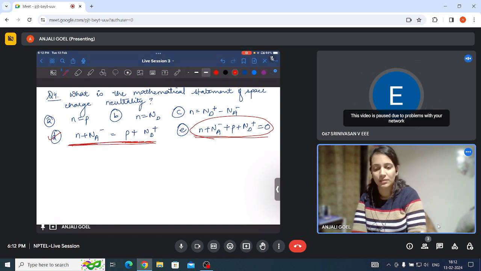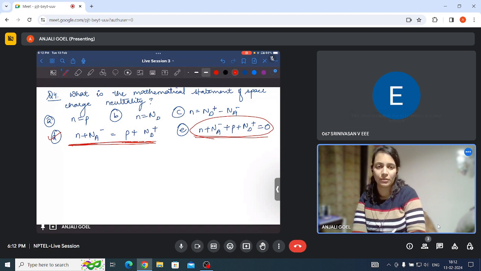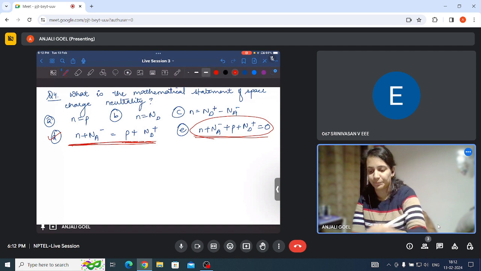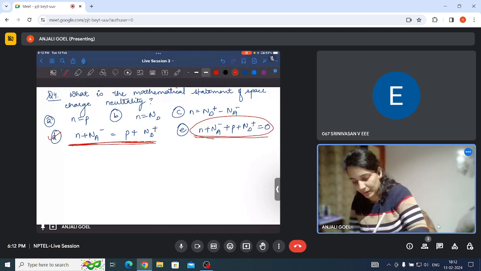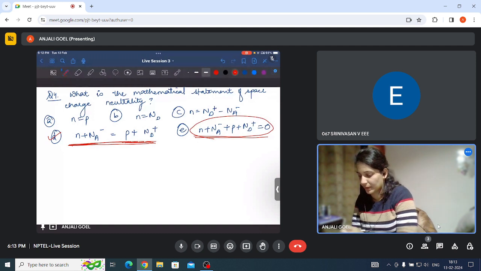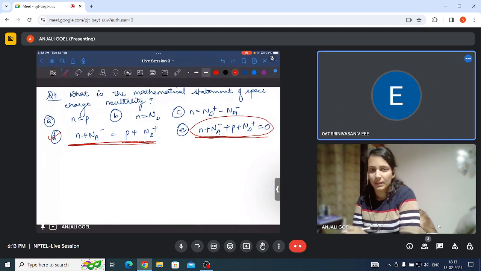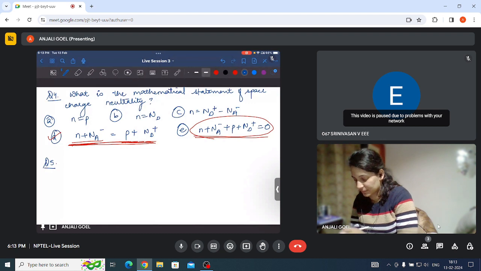Even if you have doping, it will always maintain this space charge neutrality. In the depletion region they cannot recombine. Okay.